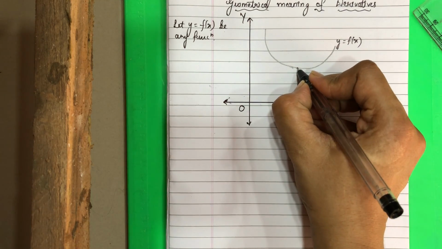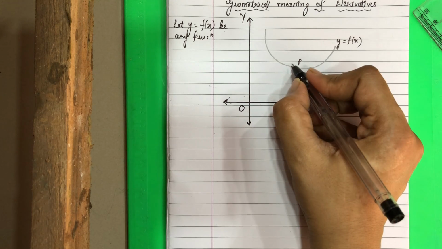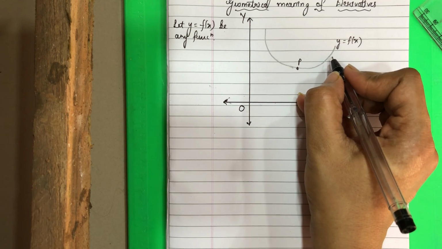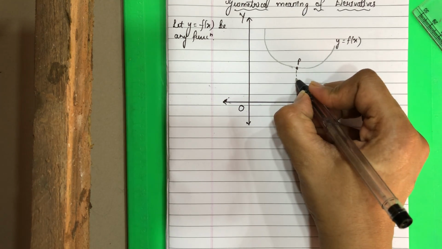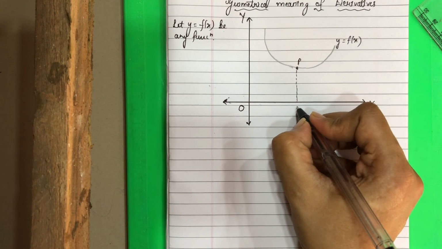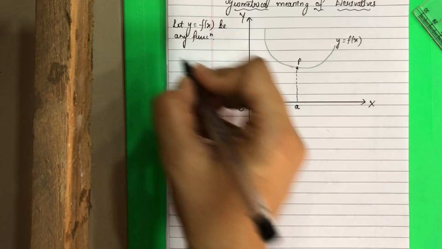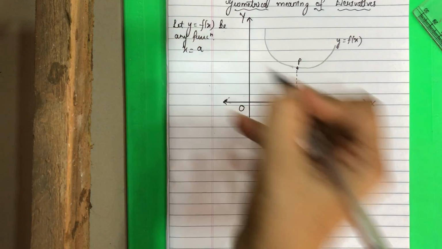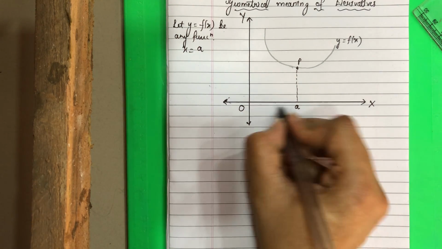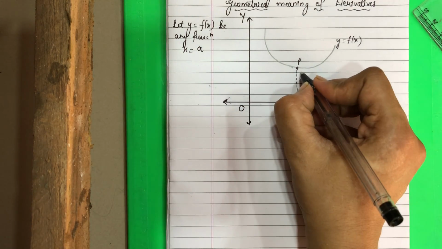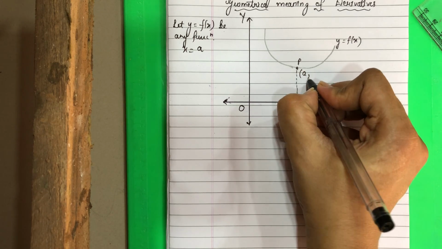Now consider P, any point lying on the curve f(x), such that P is lying at a distance of x is equal to a from the origin. That means the x coordinate of P is a.